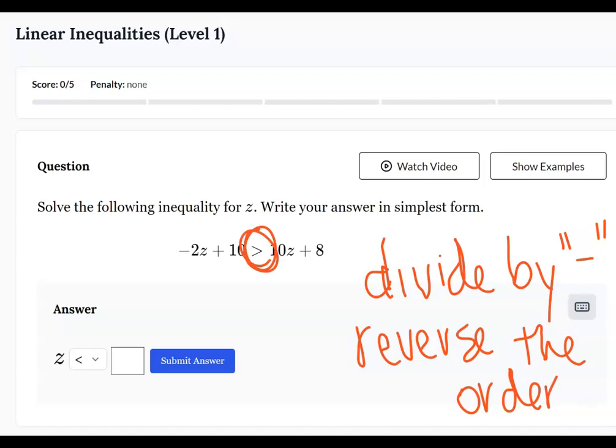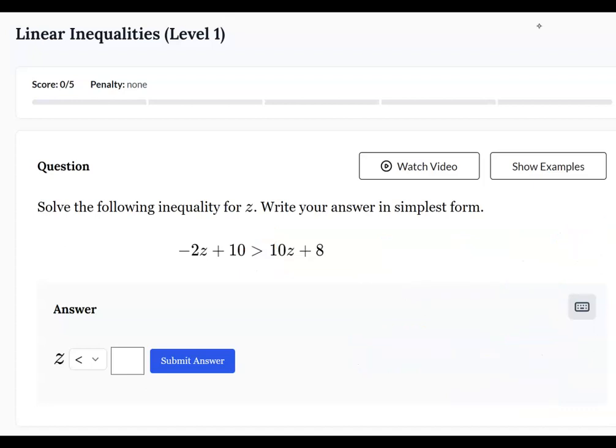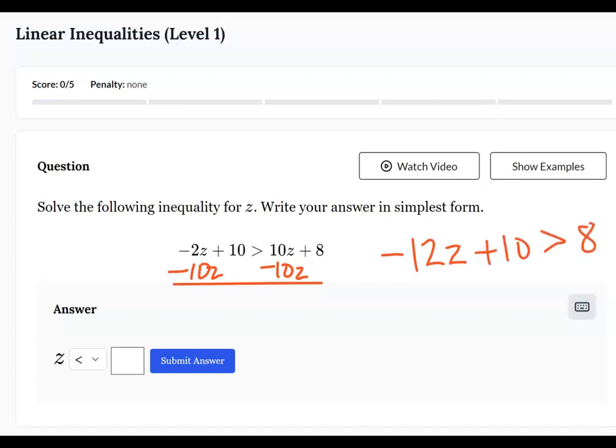So we're going to do all of our inverse operations and decide if we need to reverse our order when we get to the division step. So the first thing we're going to do is we're going to get our z's on the same side. So I'm going to subtract 10z from both sides, giving me a negative 12z plus 10 is greater than 8.